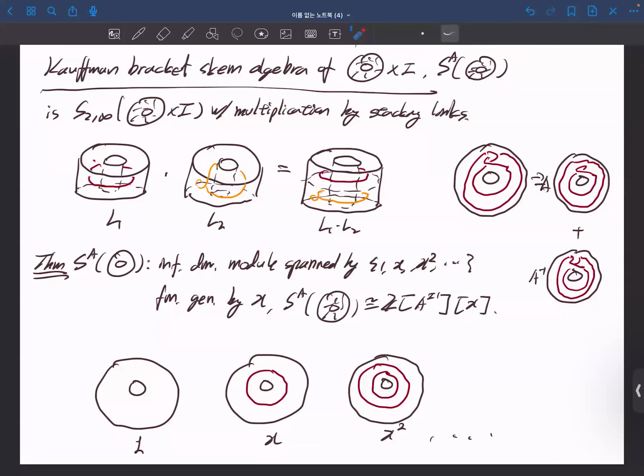And now, do you remember we wanted to obtain an algebraic kind of vector space consisting of links on the annulus, and this is that algebraic structure. And actually, it is isomorphic to this algebra.